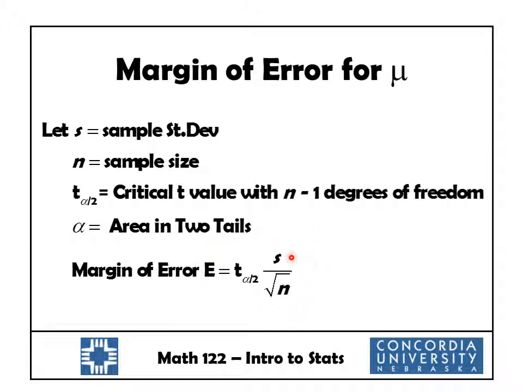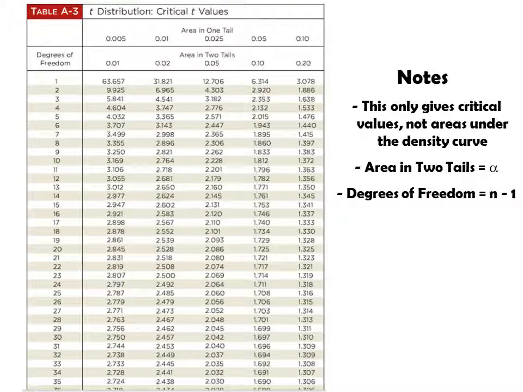We take the sample standard deviation divided by square root of the sample size, take it times this critical value. Now this critical value comes from this table A3, where our significance level alpha is the area in two tails. So typically we use a 0.05 significance level, so we'd use this column. And the left gives us degrees of freedom, which is our sample size minus 1.